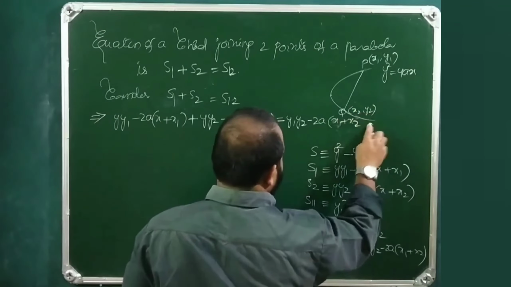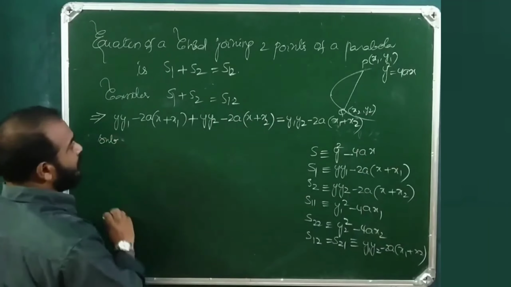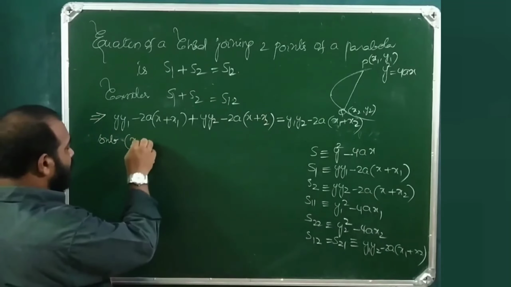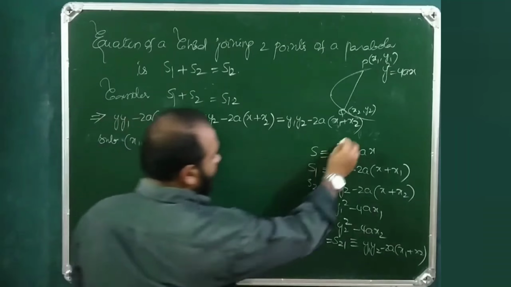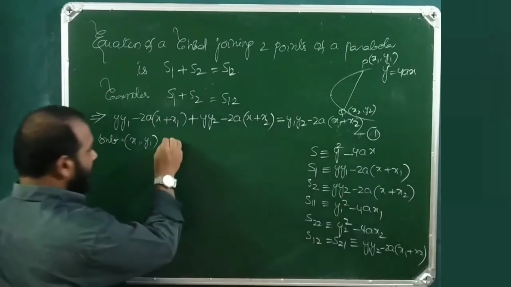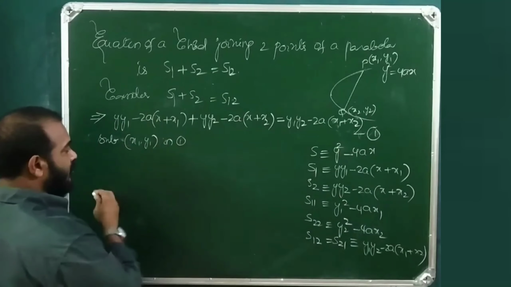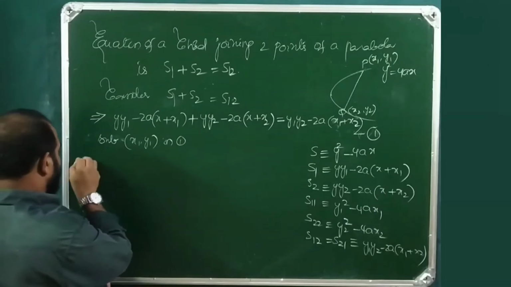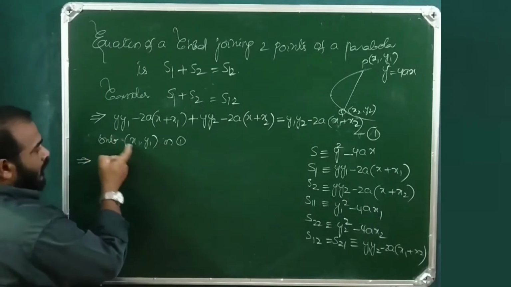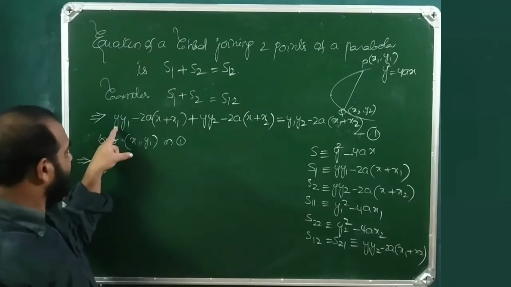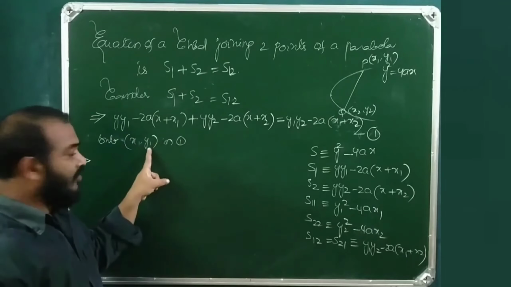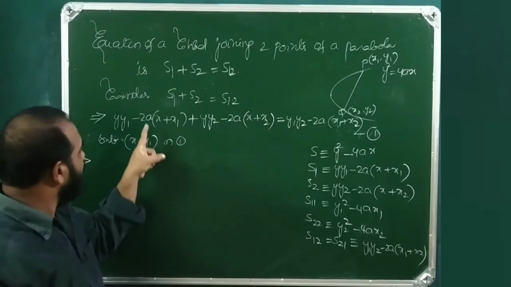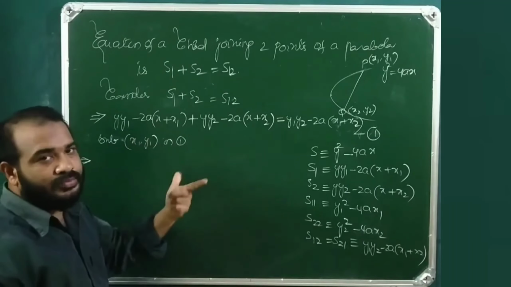Now substituting (x1, y1) in this equation, let us see what will happen. How do we substitute? In the place of y, y1 is to be substituted, and in the place of x, x1 is to be substituted.